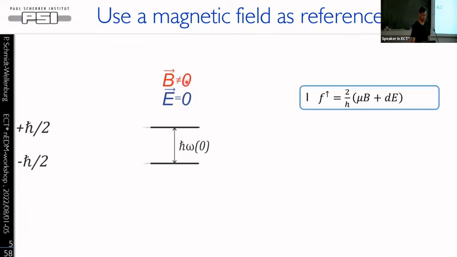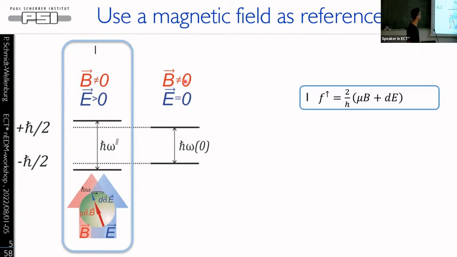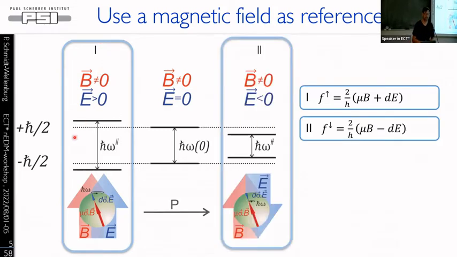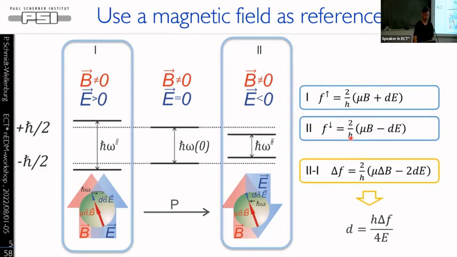Then you apply in one case a positive electric field and measure the level splitting. You do the same thing again, or at the same time, with the inverted electric field, and then you have these two measurements of the level splitting, and you can deduce the electric dipole moment from the difference.